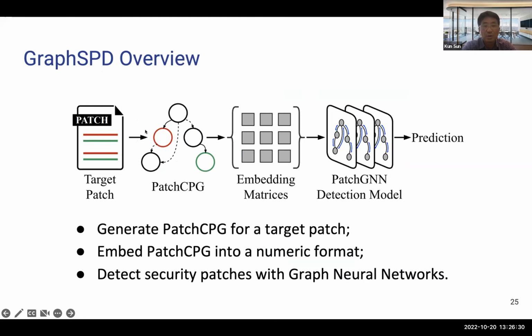All this information will be included in this PatchCPG. And then we do the embedding, which will be used as input to our detection model. Then we make the prediction. So this is a graph neural network-based solution.